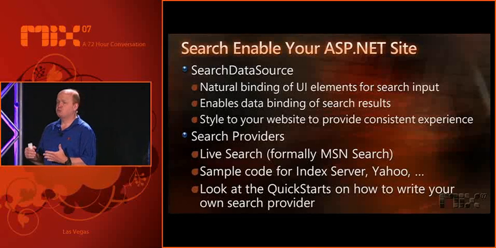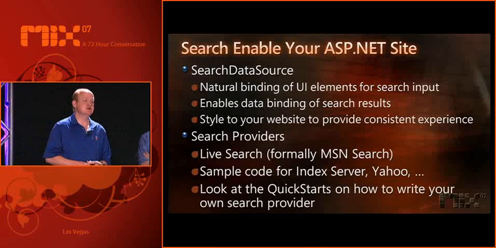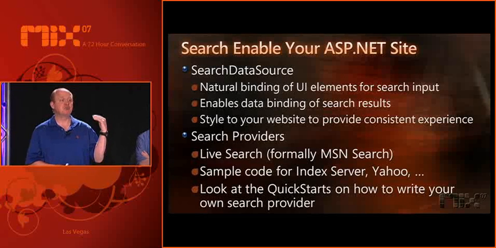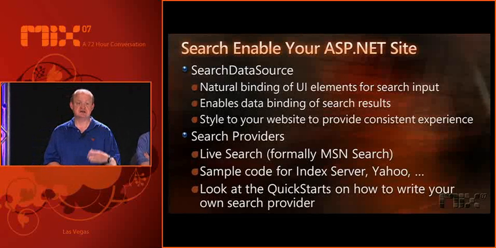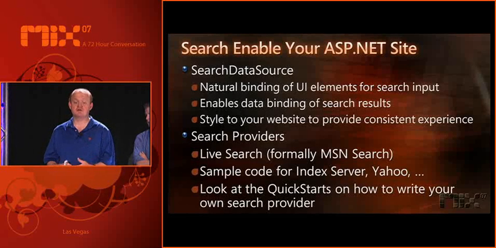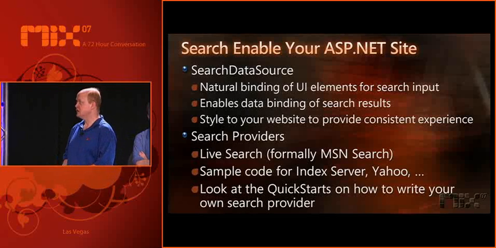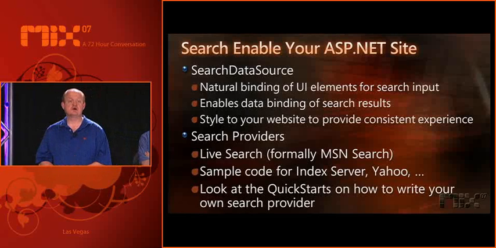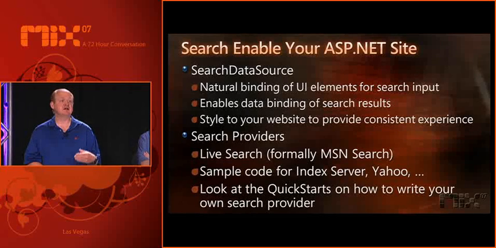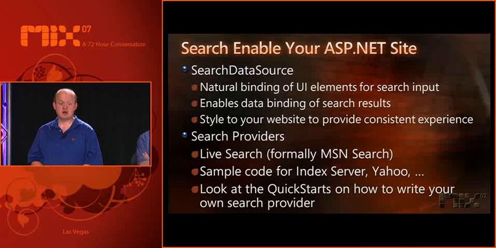What you can do with the search data source is put it on a page and bind things like text boxes and buttons, so normal ASP.NET UI controls, to capture whatever search criteria you want. The search data source will find the actual list of search providers that are configured inside your application's web.config, and it can then make search requests.